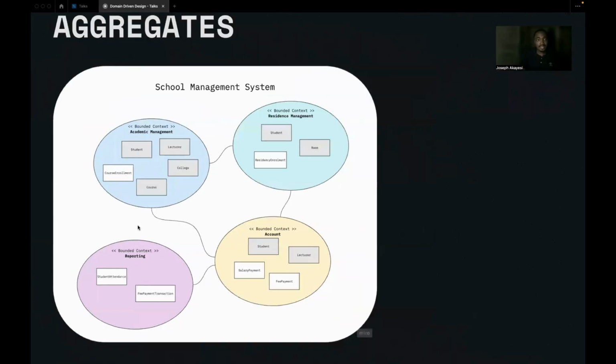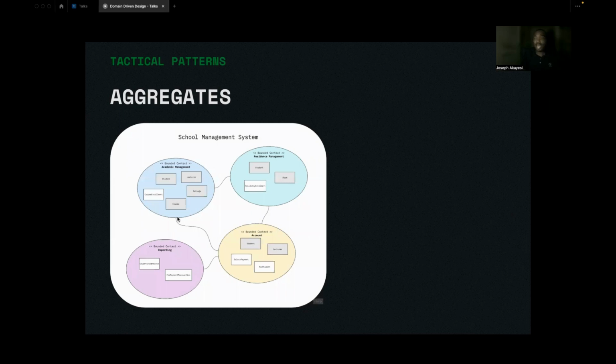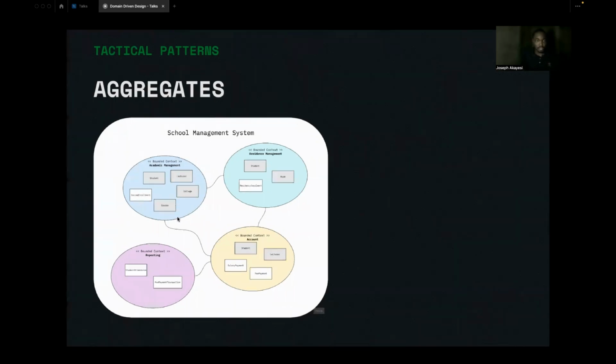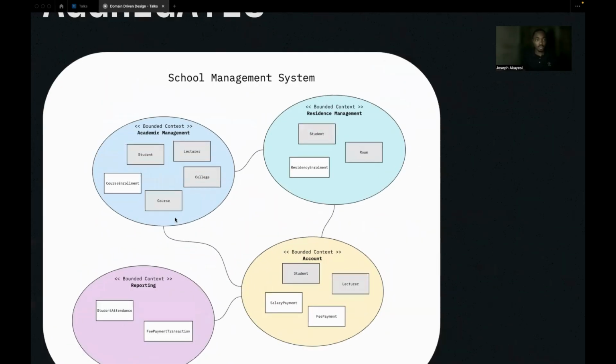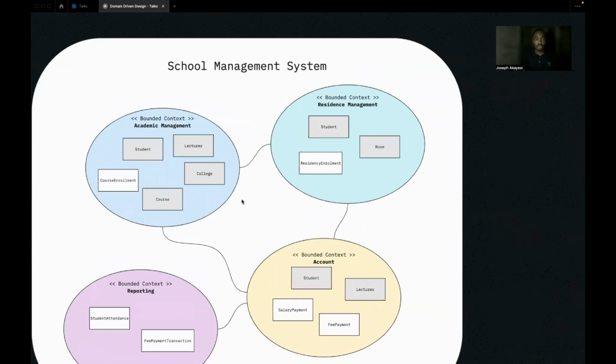And then we look at the second tactical pattern, aggregates. And so simply put, an aggregate is a combination of two or more entities. So it's usually formed by way of something happening in a domain or an interaction between two entities.